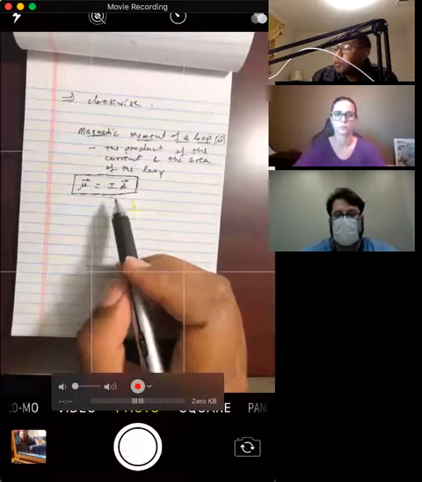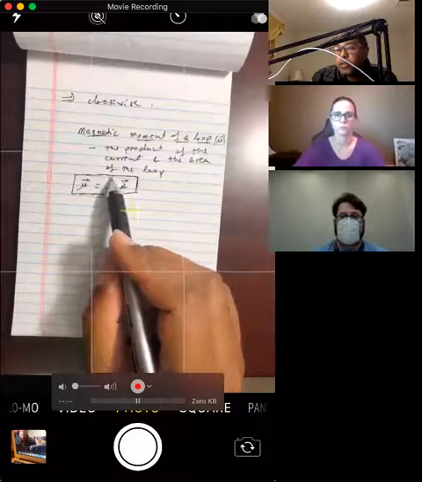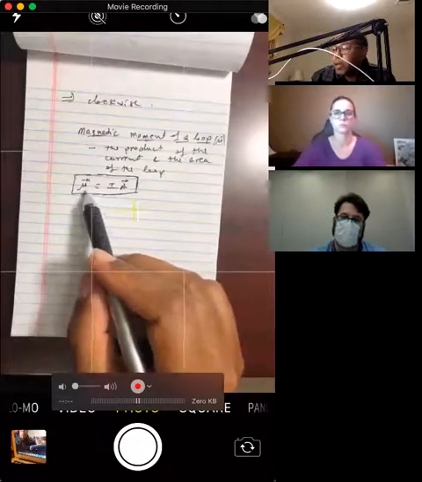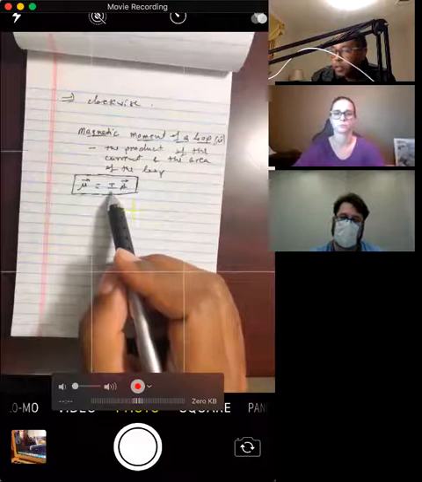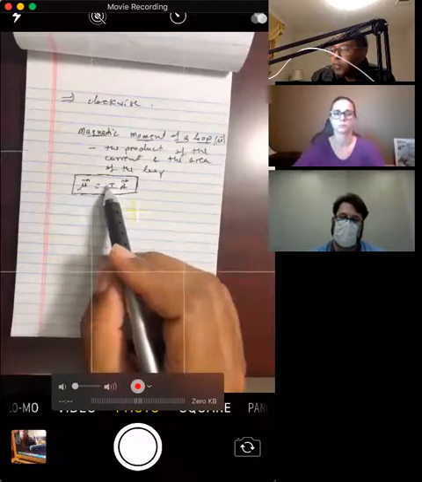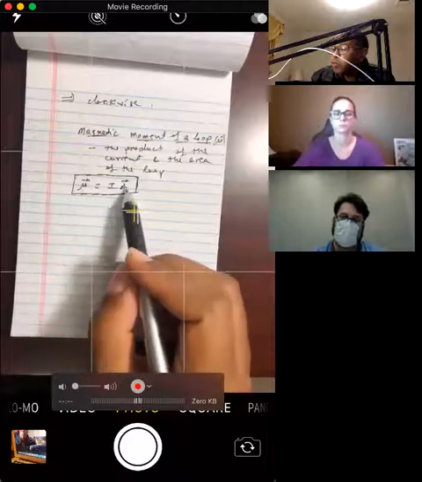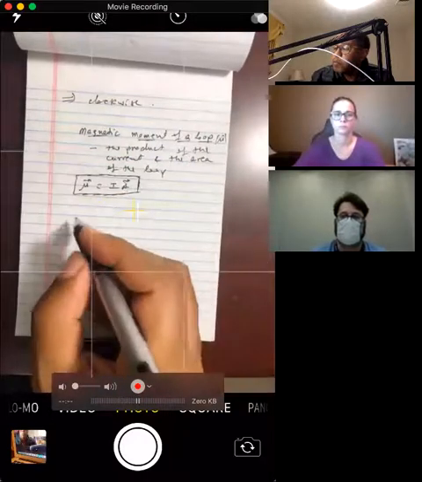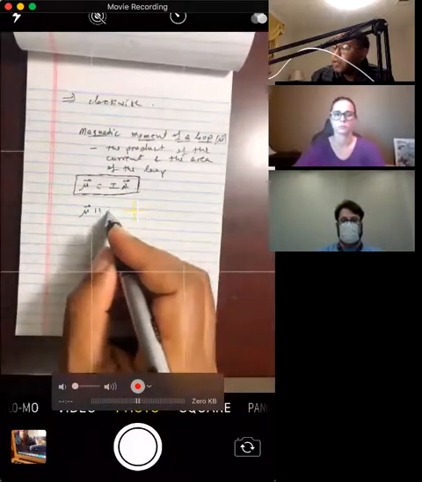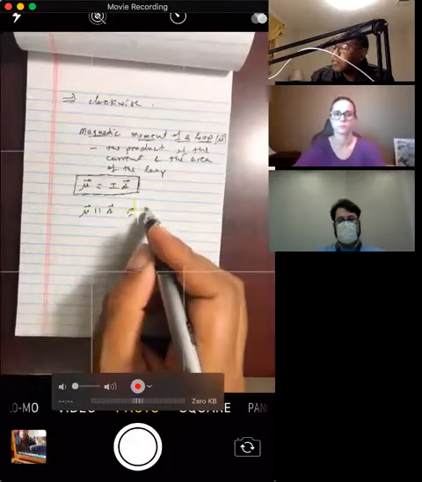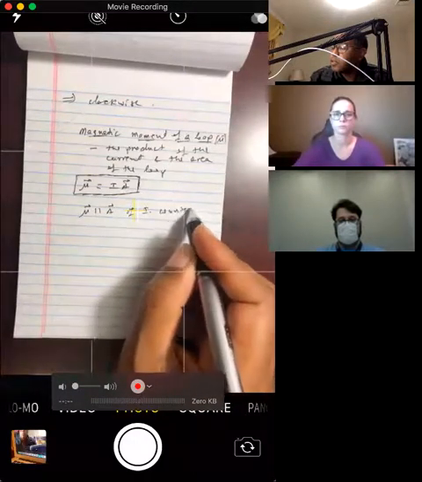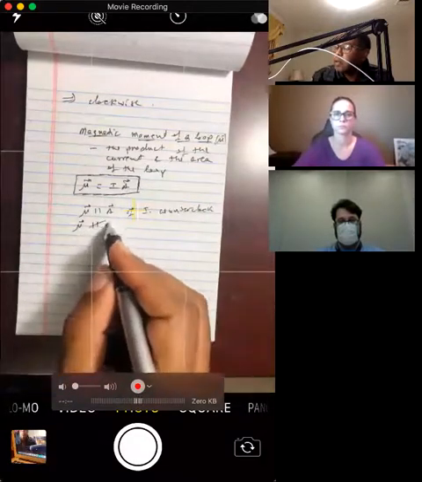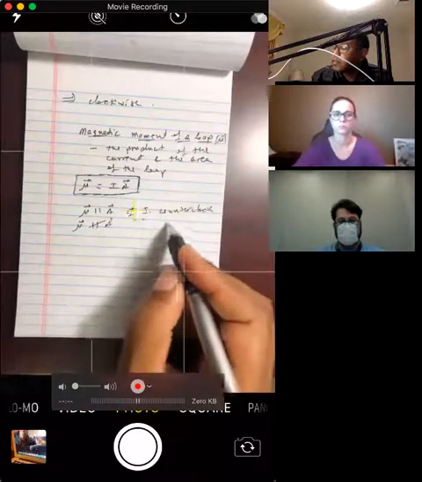When the current is counterclockwise, this is positive, so the magnetic moment is parallel to the direction of the area. But when the current is clockwise, this is negative, so the direction of the magnetic moment and area will be opposite. So mu is parallel to A if I is counterclockwise, and anti-parallel to A if I is clockwise.